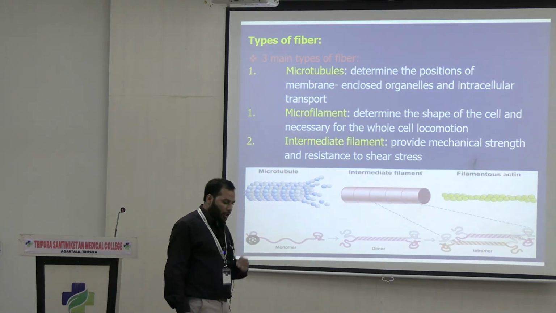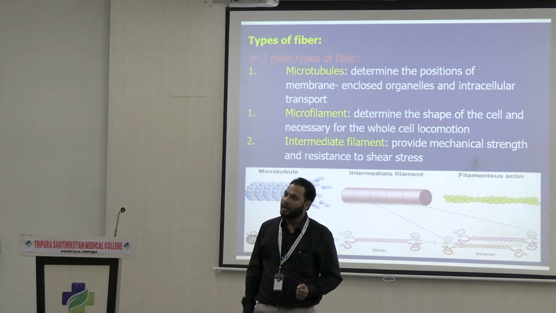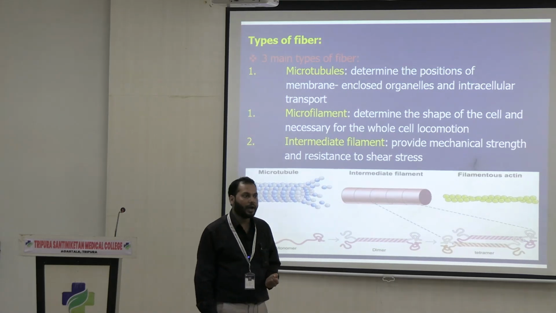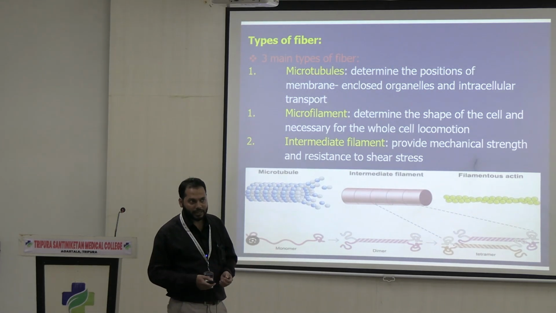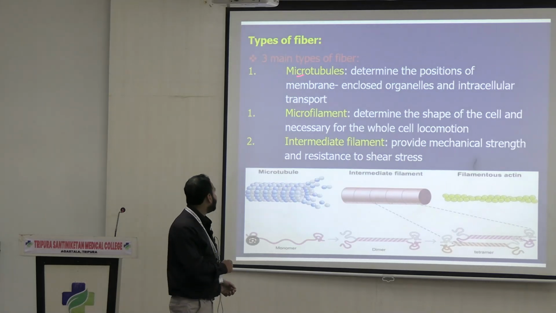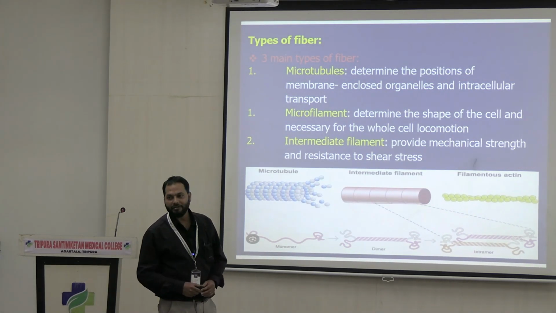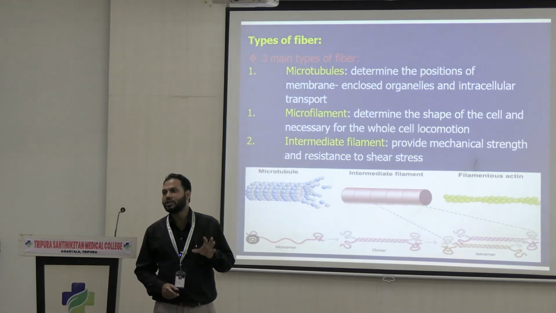Now, if you look into the detailed structural features of the cytoskeleton, it is basically composed of different types of fibers. The structural elements of the cytoskeleton are microtubules, microfilaments and intermediate filaments. These three are the backbone of the cytoskeleton structure.